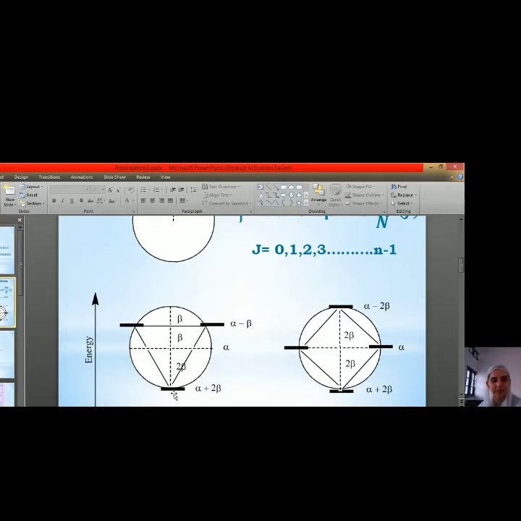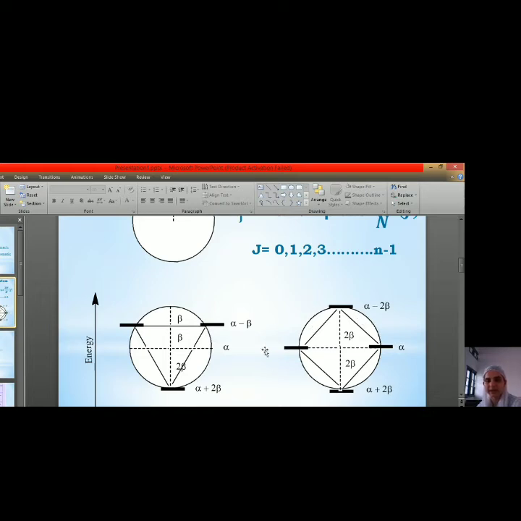The energy of the lowest lying orbital in all systems is always alpha plus 2 beta. As these corners intersect at half of the radius, this part is beta and this part is beta. So the energy of these orbitals comes out to be alpha minus beta. Here minus denotes the anti-bonding orbital.